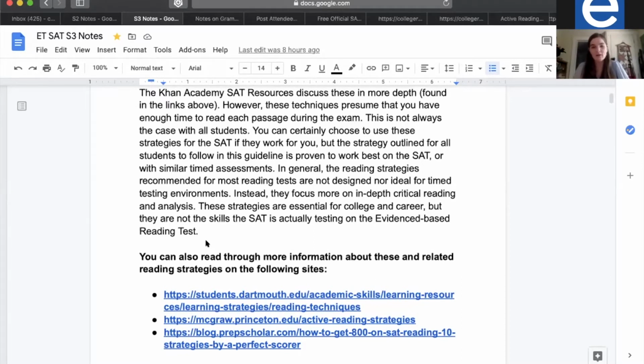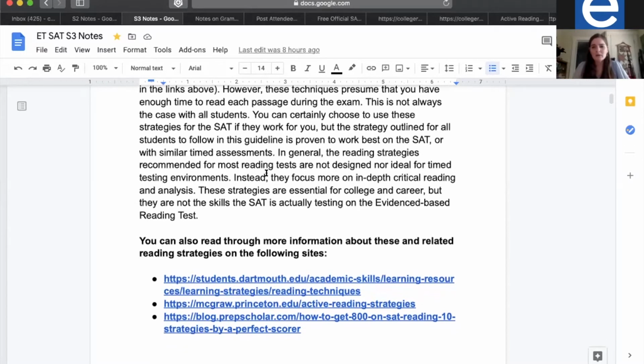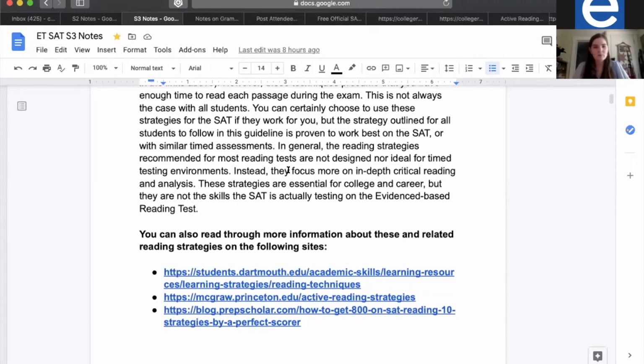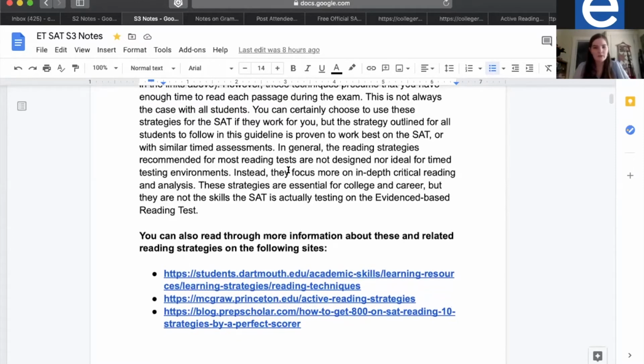Honestly, if you stick to the strategies that I've outlined in this document for a general approach to the reading test, you're going to go far. Do we have any questions so far? No? Okay. I think we're still missing a few more people, but they will come in as they can.